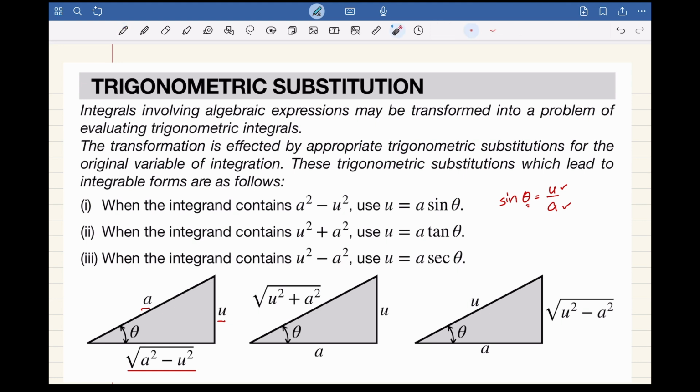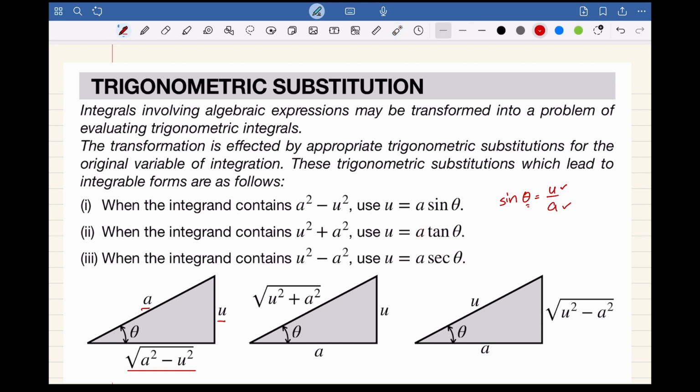Now for case 2 naman, when our integrand contains the form u squared plus a squared, where u is a function of x and a squared is a perfect square constant. Now when we recognize this particular form sa ating integrand, we can use the substitution u is equal to a tangent theta, where u is yung function natin and a is yung constant natin.